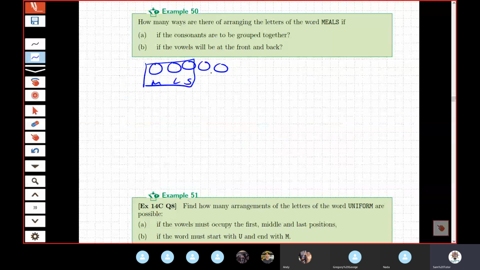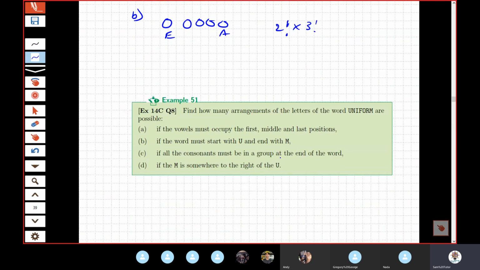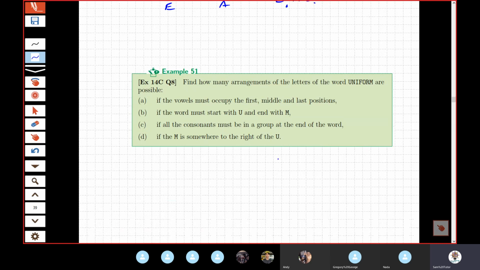So 3 factorial times 3 factorial. If the vowels will be at the front and the back, just put them there. E and A, so that's 2 factorial times 3 factorial. That was easy. I'll move on from this one.